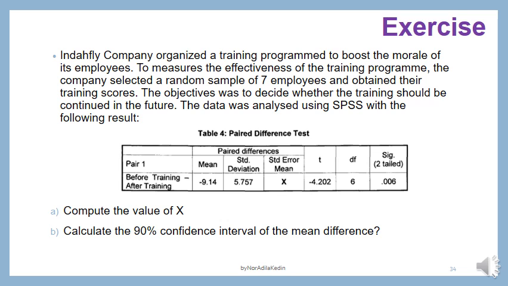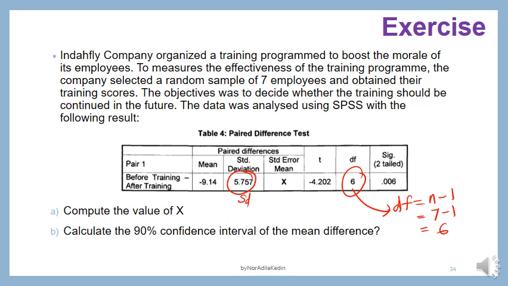Now here, dia kata before training minus after training, dia dapat negatif 9.14. This is the standard deviation. Standard error tak diberi. Degree of freedom 6. Macam mana dapat 6? Degree of freedom adalah n minus 1. Dia kata 7 orang. So 7 tolak 1 dapat 6.